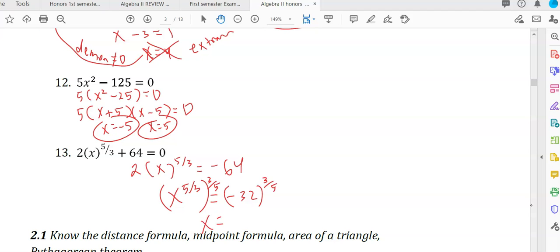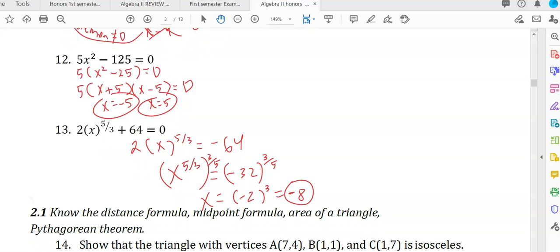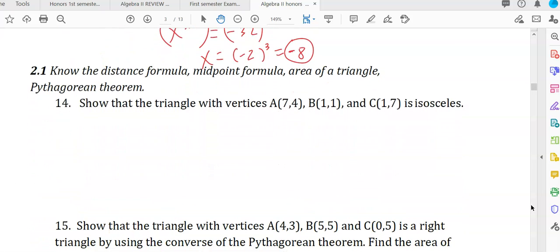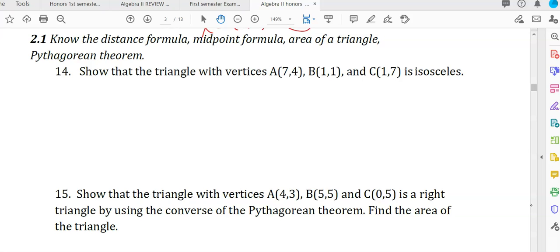Get x equals, the fifth root of -32 would be -2, so -2 cubed, which should be -8. Wow, so we had to do a lot to solve this one, I guess.